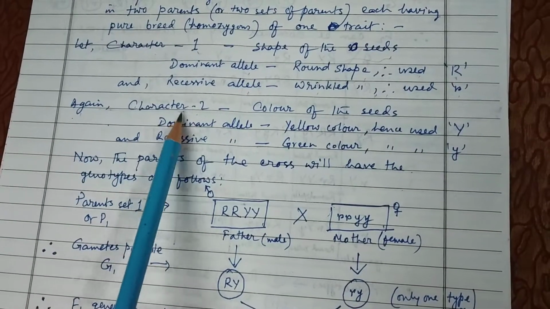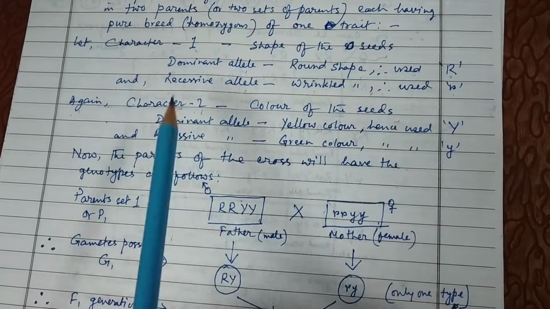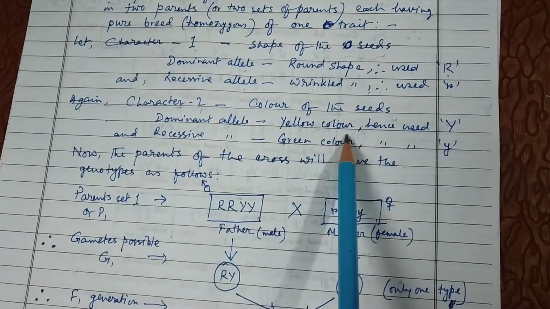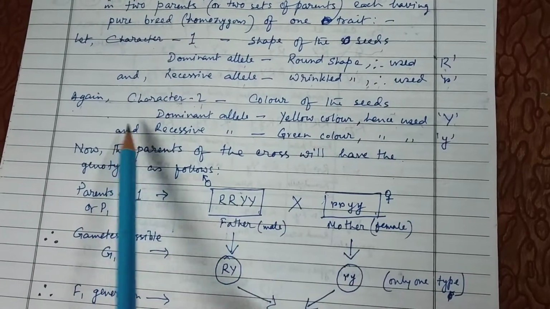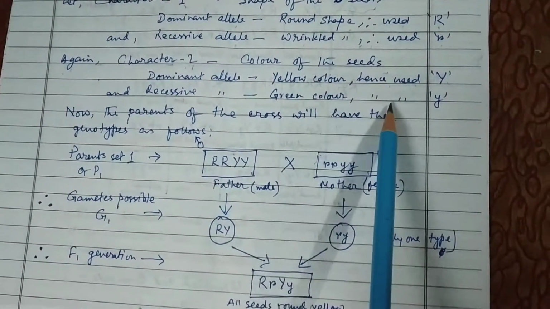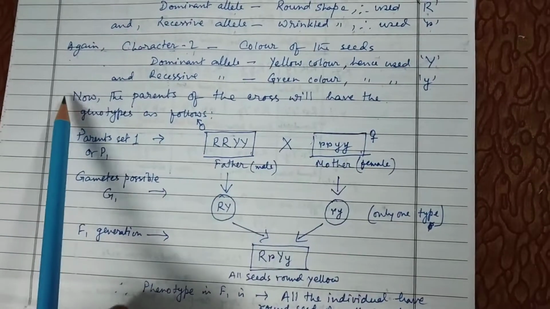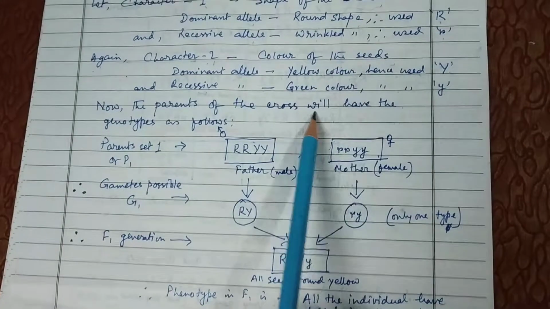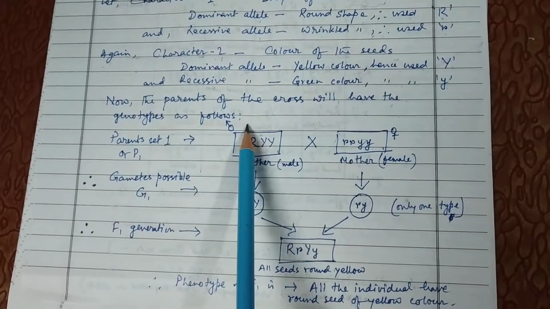Again, character number 2, color of the seed. Dominant allele is yellow color, hence capital Y. And recessive allele, green color, small y. Therefore, now the parents of the cross will have the genotype as follows.